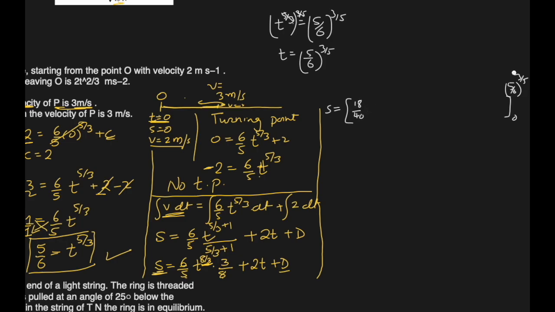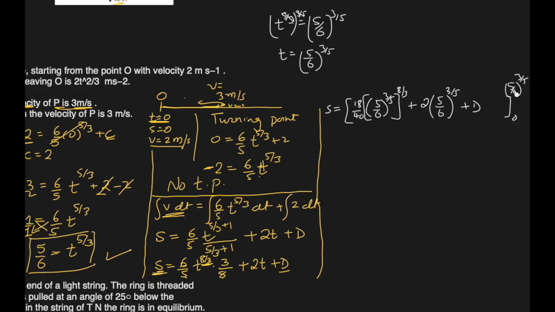And I will substitute in place of t this time, which is 5 over 6 to the power 3/5. But this time has 8 third further, so I'll multiply this by 8 third. Okay. And then plus 2t, plus 2 same time 5 over 6 to the power 3/5 only, and plus d.